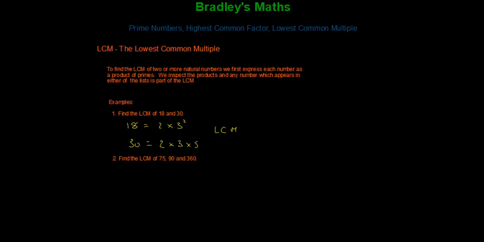We have a 2 in each list. So the first number is 2. We have a 3 squared and a 3. So the 3 squared goes into the list. And this 3 here is part of this 3 squared.